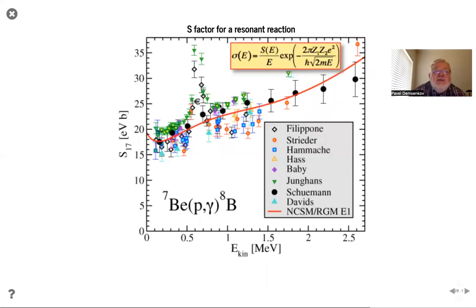Okay, as I already mentioned, some thermonuclear reactions go through the so-called resonance states. This means, for instance, for the reaction beryllium-7(p,gamma)boron-8, you can see its cross section has a very sharp peak at a certain energy, and this peak corresponds to a resonant energy state inside the compound nucleus produced by beryllium-7 and proton.